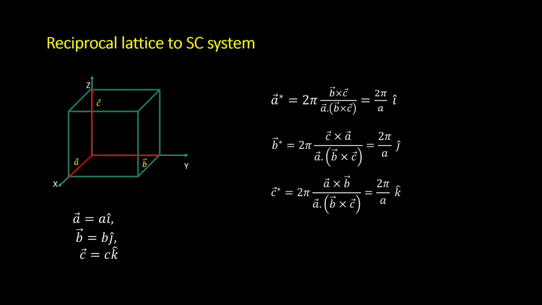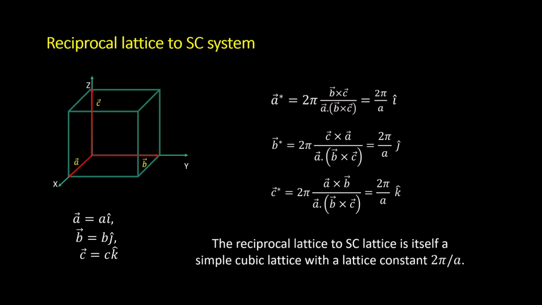So you can write it as 2 pi by A into i. Similarly, we get B star equal to 2 pi by A into unit vector j, and C star equal to 2 pi by A into unit vector k. From these equations, it is clear that all three lattice vectors have the same magnitude, and hence the reciprocal lattice to a simple cubic lattice is itself a simple cubic lattice with a lattice constant 2 pi by A.